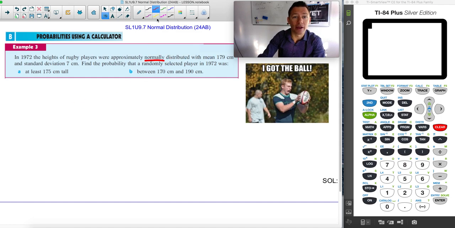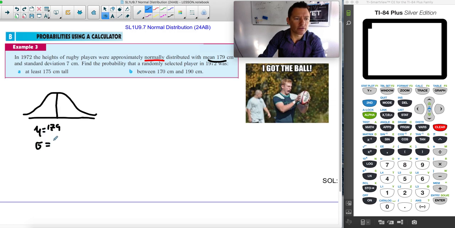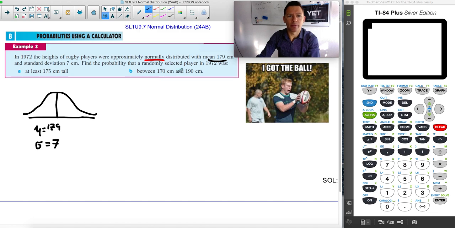Normally distributed, great. Once I see that, I'm not even going to read anymore for the second. I'm just going to do that so my brain starts thinking about normal distribution. Mean 179, so here's 179. Standard deviation of 7, so here's my standard deviation is 7. Okay, find the probability that a randomly selected player in 1972 was at least 175.